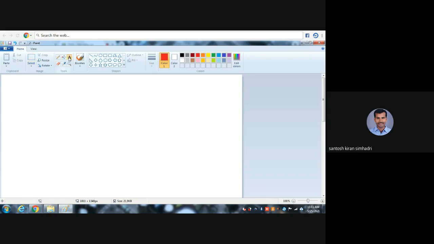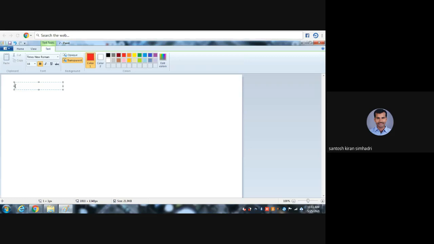Now I will go with the potentiometers. Potentiometers are of different types. The first one is the translatory type. Translatory means straight line. The next one can be treated as rotational.